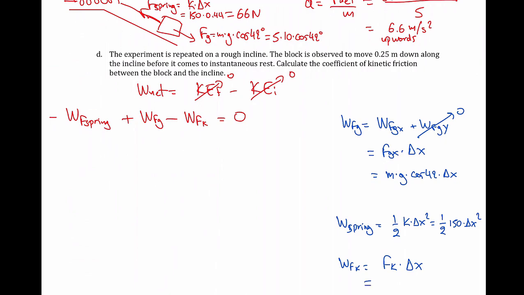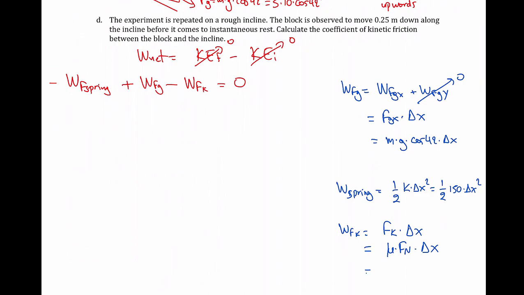Now the friction is mu, which we need to find, times the F normal that we don't know, multiplied by the distance. I thought that the distance was unknown, but I made a mistake.